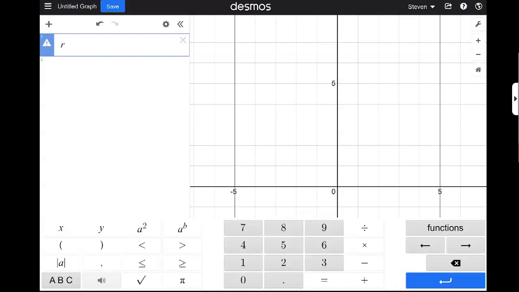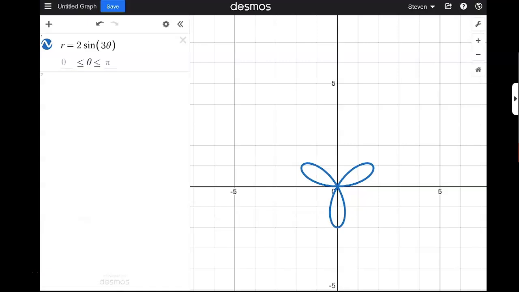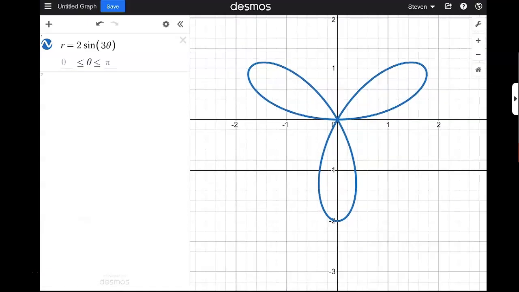So my function was r equals 2 sine of 3 theta. And again, to graph these, you can see it actually finishes, because Desmos will tell you this, at pi.